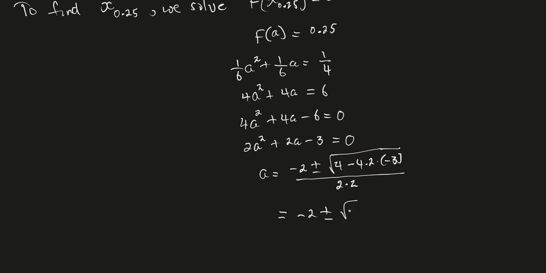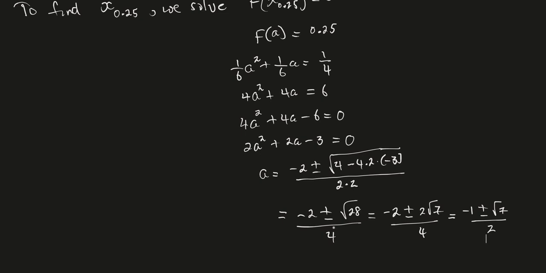So I have root 28, and this is all over 4. I can take out a root 4, so -2 plus or minus root 28, which is 2 root 7, over 4, and now I have a common factor of 2, so I can reduce it to -1 plus or minus root 7 over 2.